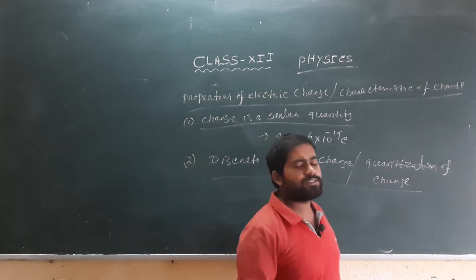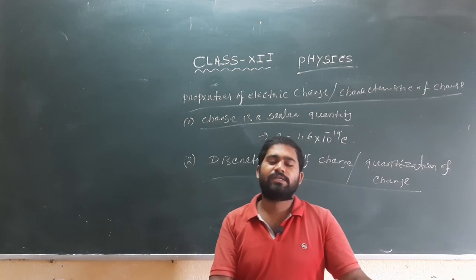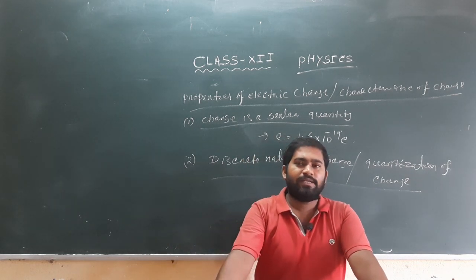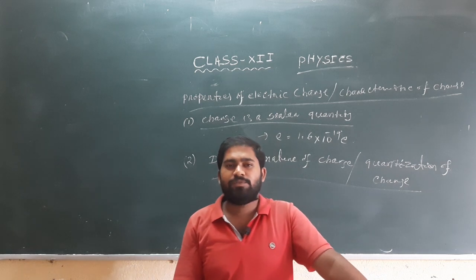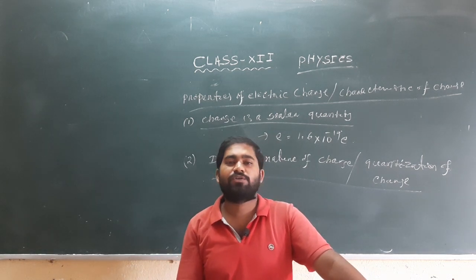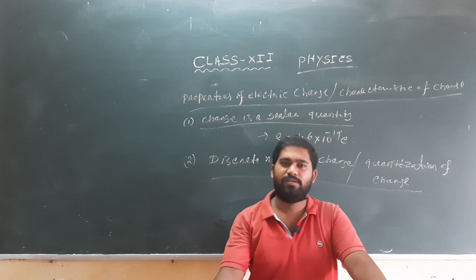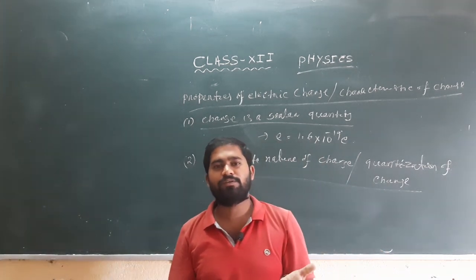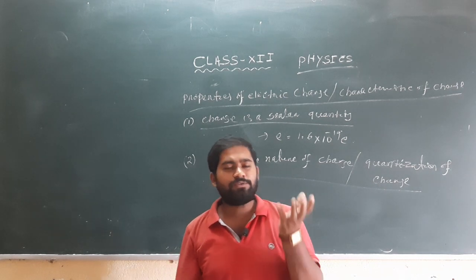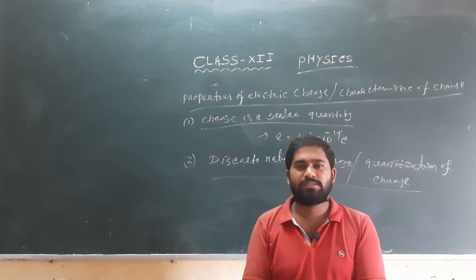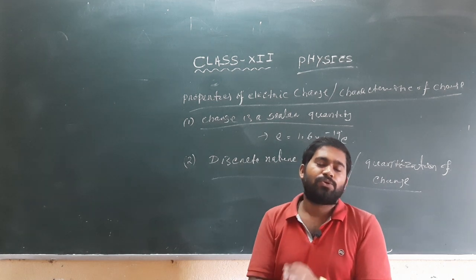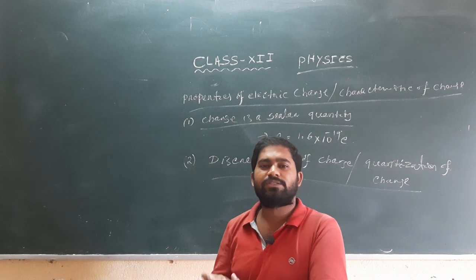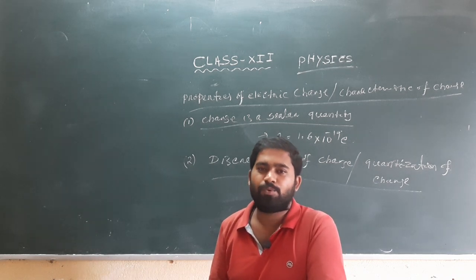Discrete nature or quantization of electric charge says that inside a body or inside an atom, the total charge is not arranged in a continuous manner. It is generally discontinuous inside the atom. When we measure the total charge inside the atom, we find the total charge is an integral multiple of the charge of one electron or proton.